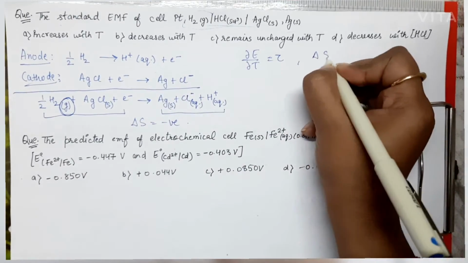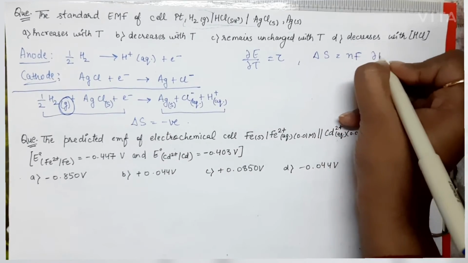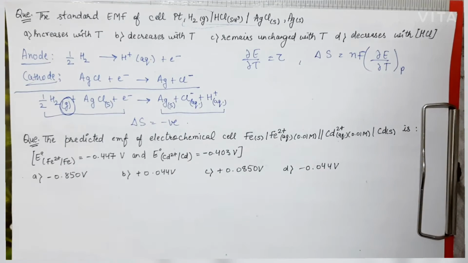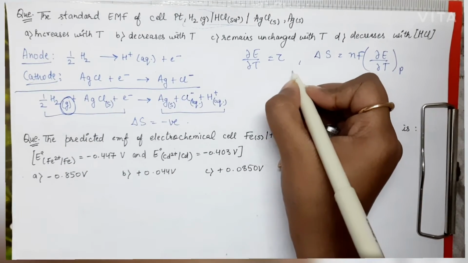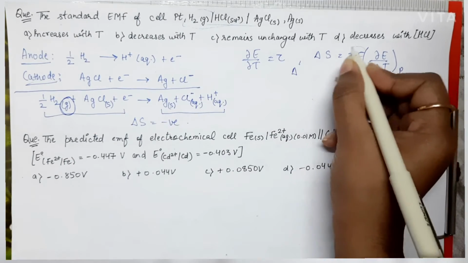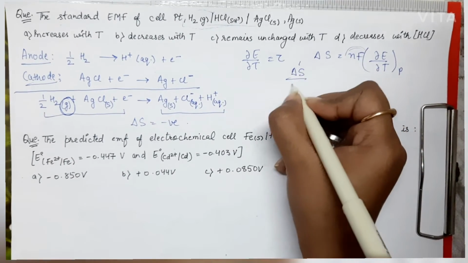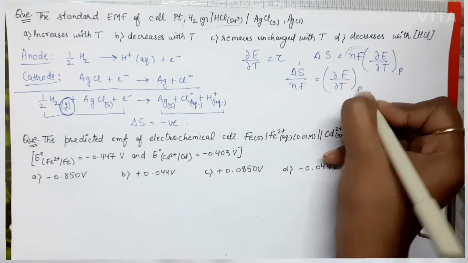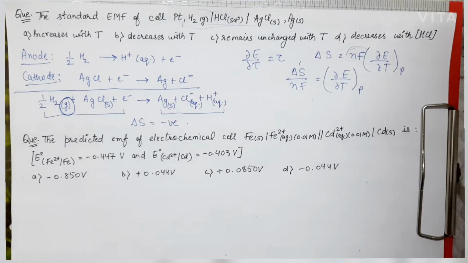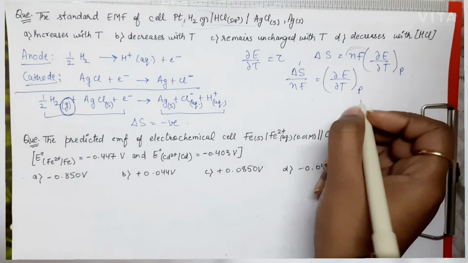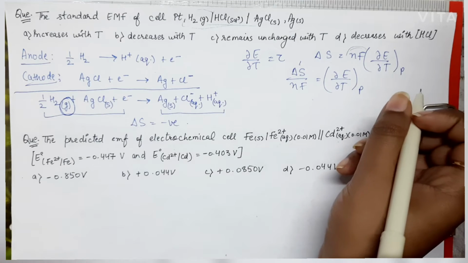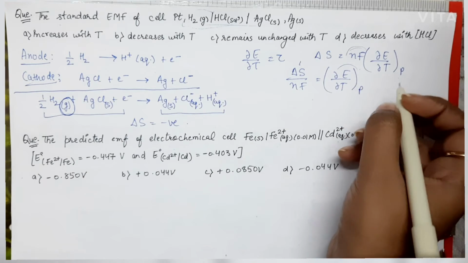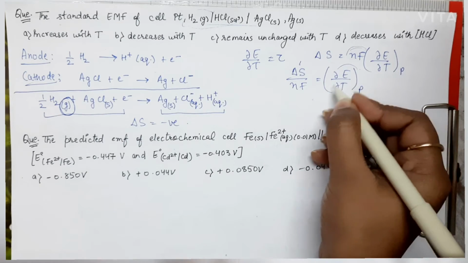Also this relation, now in this relation if I take this NF onto the left hand side, that I will get, if I want to see how this EMF is changing with respect to temperature, then I have to take this del T onto this side.